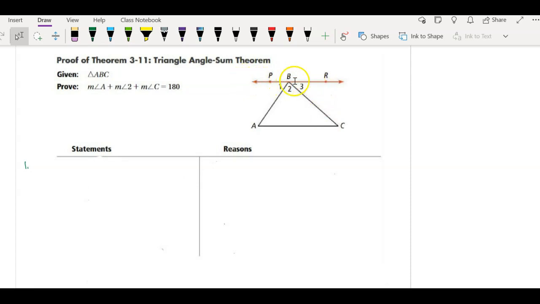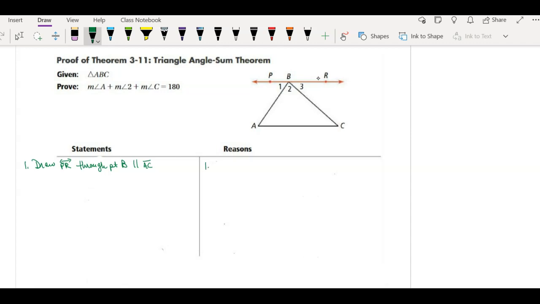So the first thing we've got to do is take care of PR. Line PR is an auxiliary line, so we are going to begin our statement with that. We're going to start off with: draw line PR through point B so that it is parallel to segment AC.